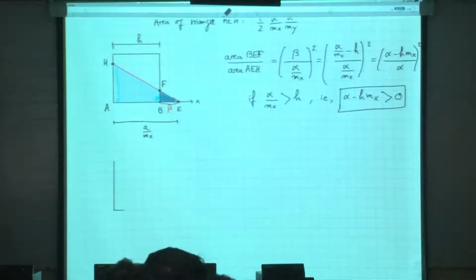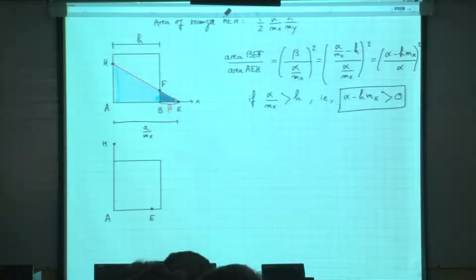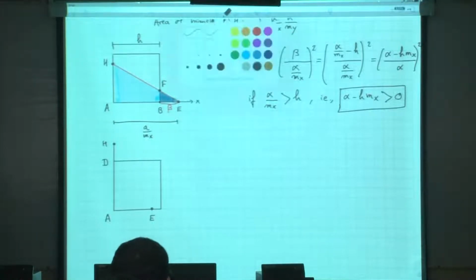So I'll sketch it real quick, but the story is exactly the same. So this is A. Let's put our E point back here. We're going to put our H up here. We'll introduce D here. And this is it. So I can draw my line.